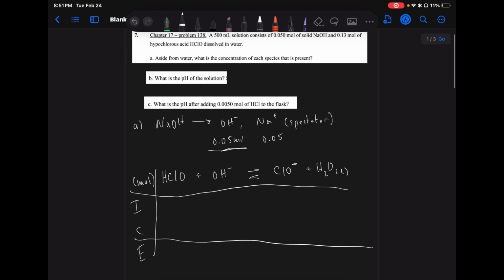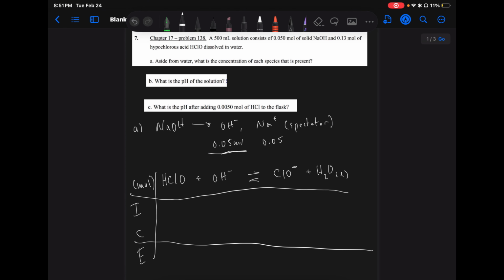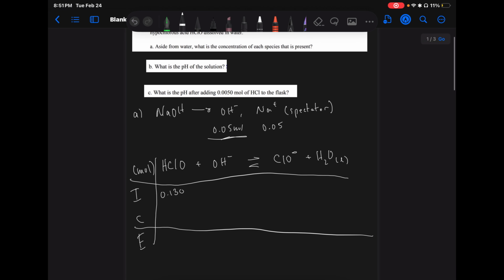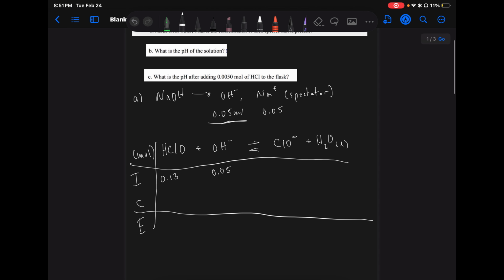But anyways, we know that there's 0.13 moles of hypochlorous acid. We don't need to write the third zero, just 0.13. Then we have 0.05 moles of hydroxide ion, and we start with 0 moles of ClO minus and 0 moles of H2O. We could just ignore those two.